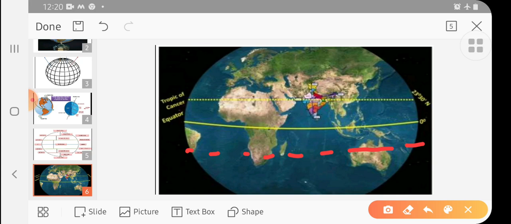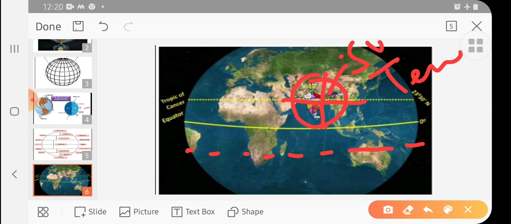And we know that India, when we say India, the 23 and a half line is just passing through India and divides India into two halves, that is north and south, and it denotes two kinds of temperature, that is subtropical and tropical, because near the equator it is tropical, and above the Tropic of Cancer it is subtropical.